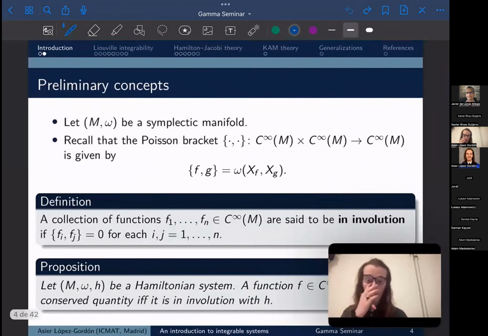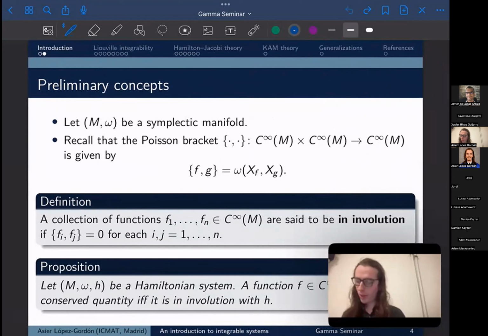As it had been introduced in the previous sessions of this seminar, I assume that everybody already knows what a symplectic manifold is, and the notion of Poisson bracket and so on.